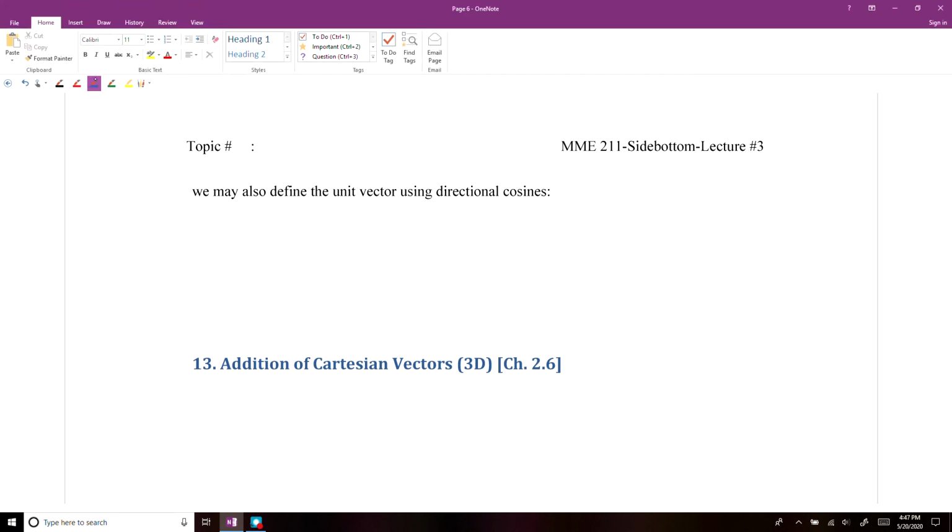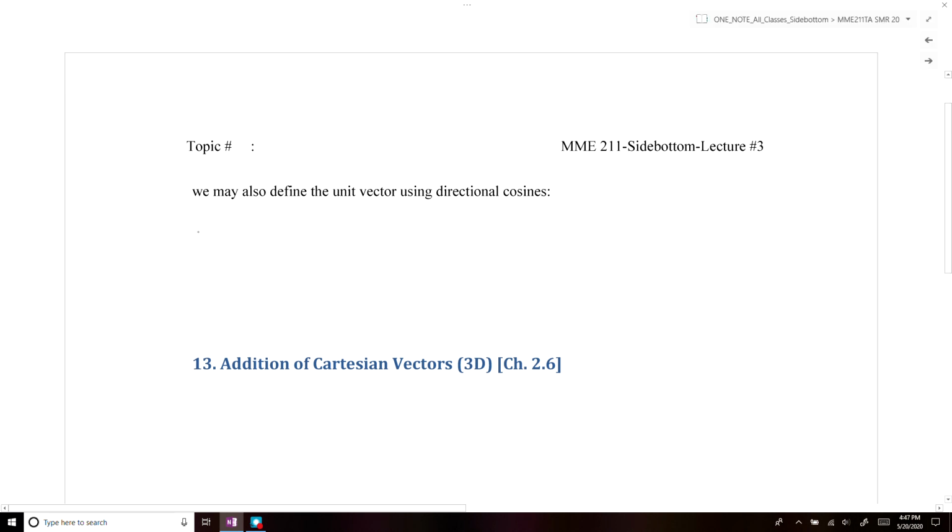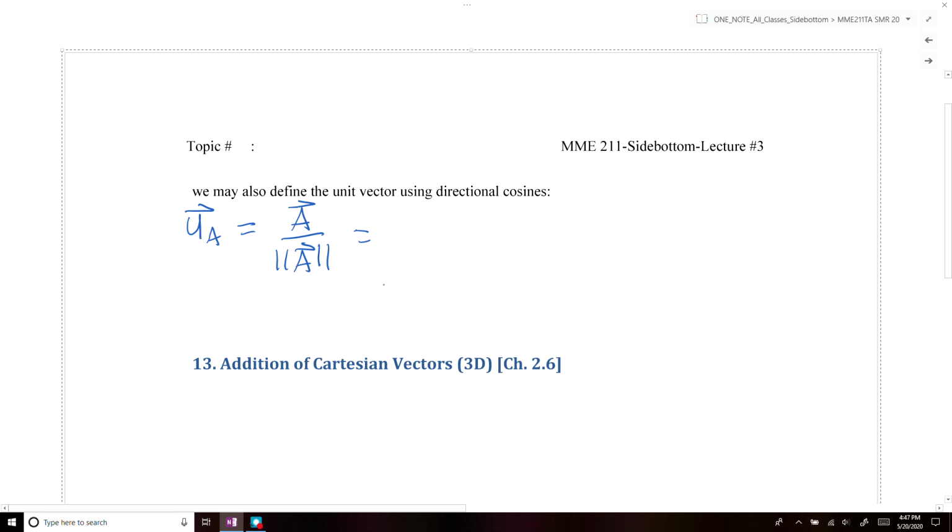So what a unit vector is, we can define the unit vector for vector A as being equal to vector A divided by the magnitude of vector A. What this ends up being is the same thing as dividing vector A by a scalar number.